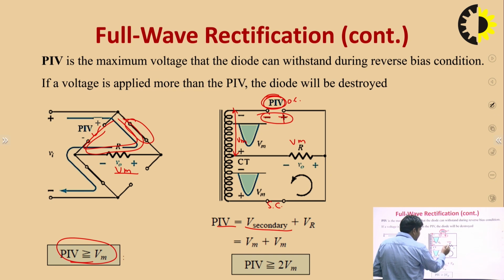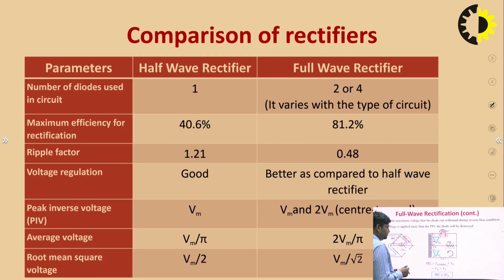And the voltage across the resistance is also Vm. So if we design a center tap full wave rectifier circuit, PIV is chosen as greater than or equal to twice Vm, to avoid destroying the diode.